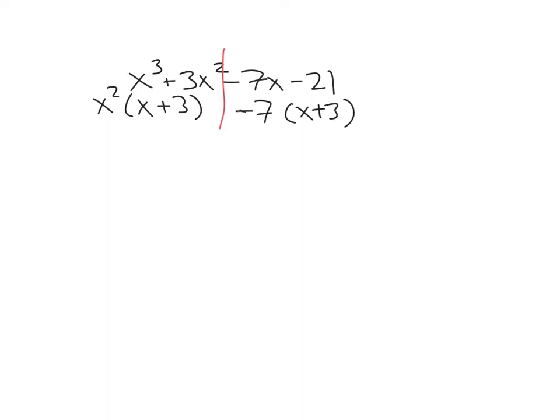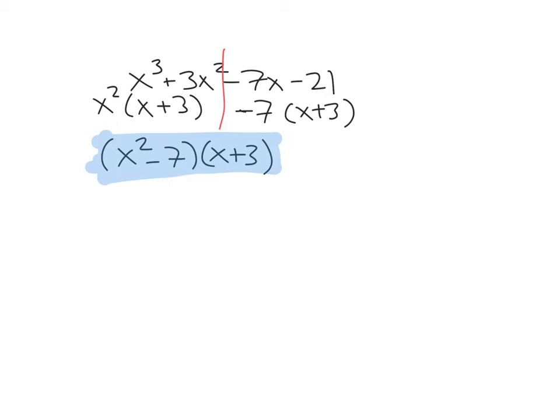Negative 7. And now I have x squared minus 7, x plus 3, and then you're done. Arguably, factor by grouping kind of sets you up for some success because there's not too much involved. You just split it down the middle and you figure out what they have in common, and that ends up being your factors. It very much is like the AC method.